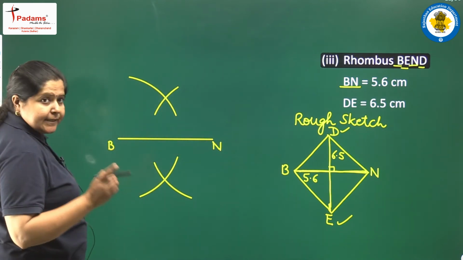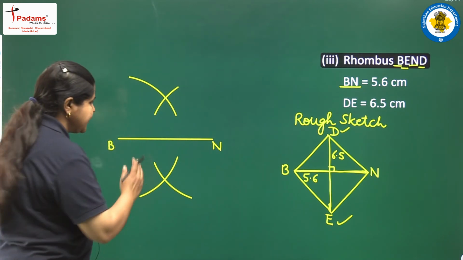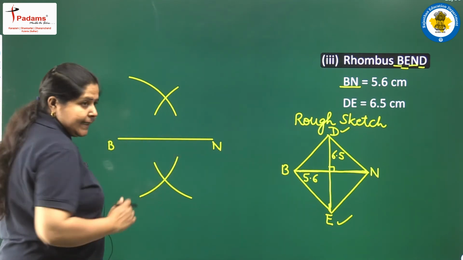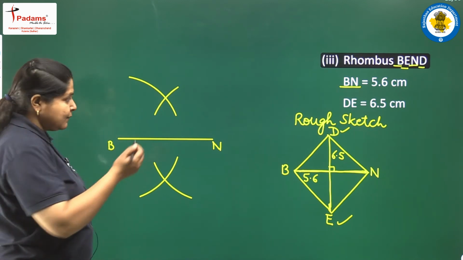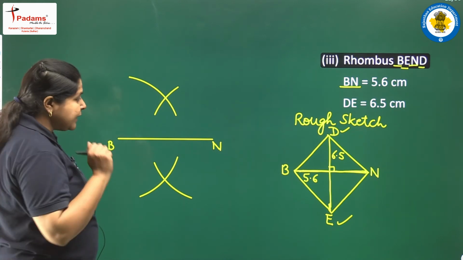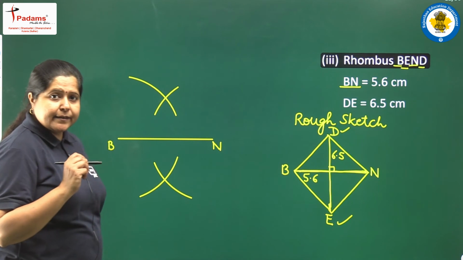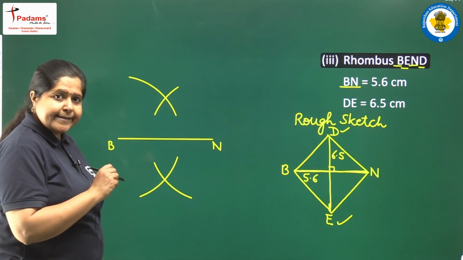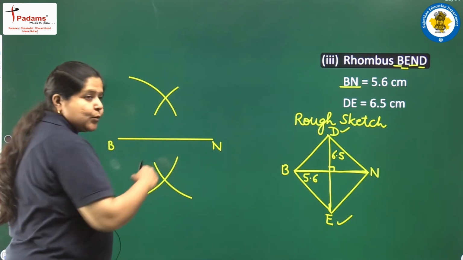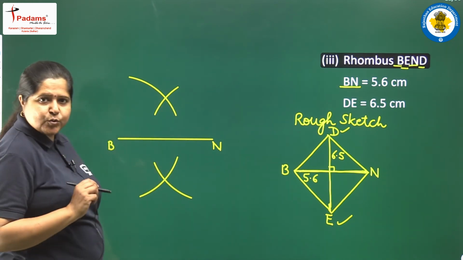So what we have done, we have kept the pointed end at B and taking the radius more than half of BN, we have drawn two arcs, one above BN and the other below BN. Similarly with the same radius and keeping the pointed end at N, or to say taking N as center, again we have drawn these two arcs to cut the previous arcs at some 2 points, these 2 points.